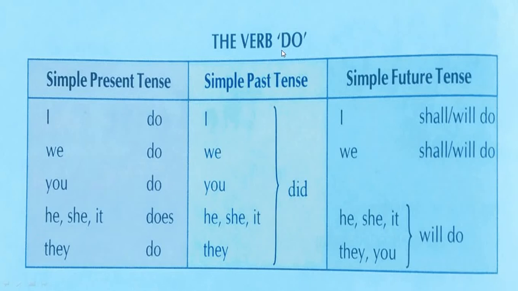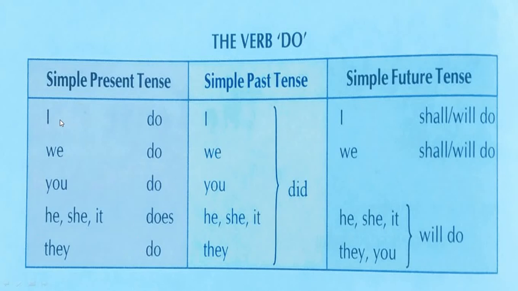Verb do. So sometimes you must have noticed, sometimes we write do, sometimes we write does, isn't it? So what is the difference? Does is the singular form of verb, of do. Okay? It is a singular form and do is the plural form.